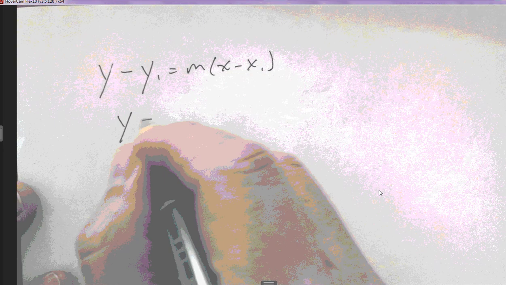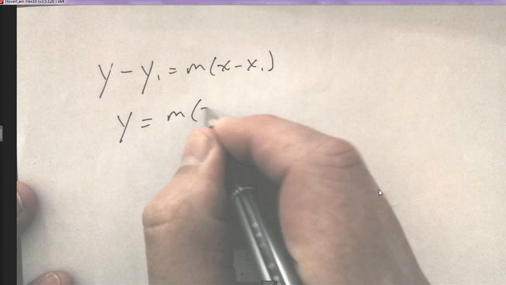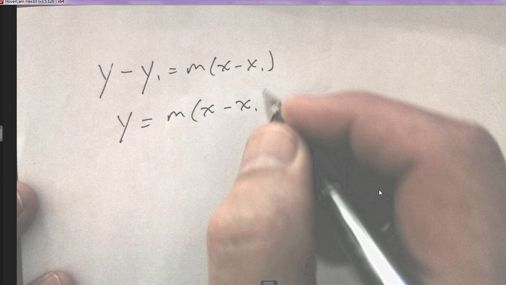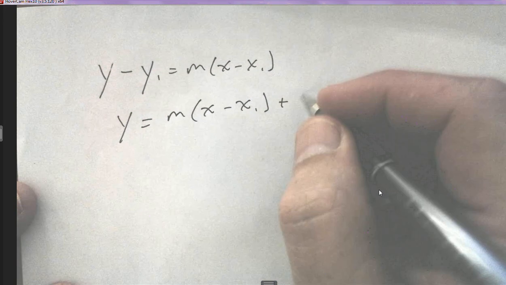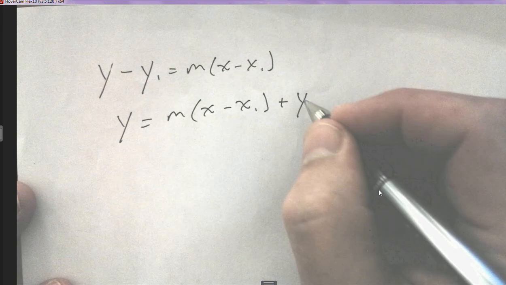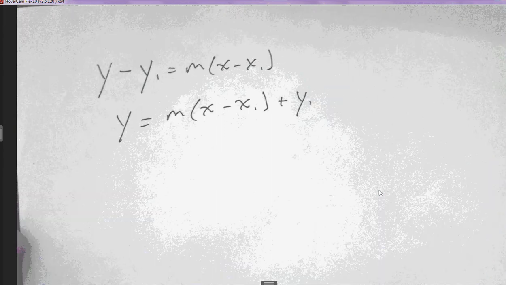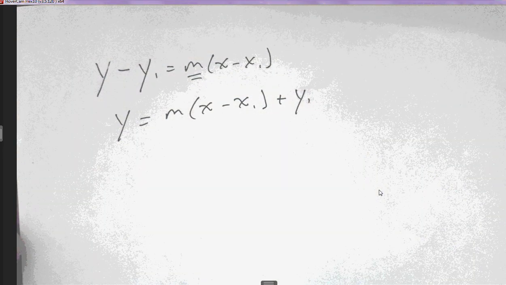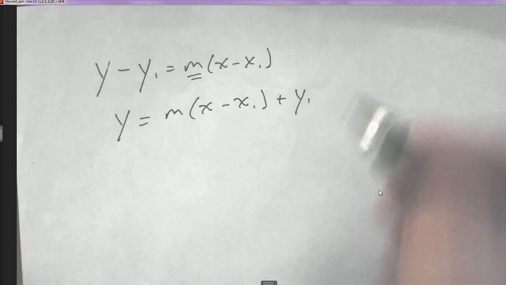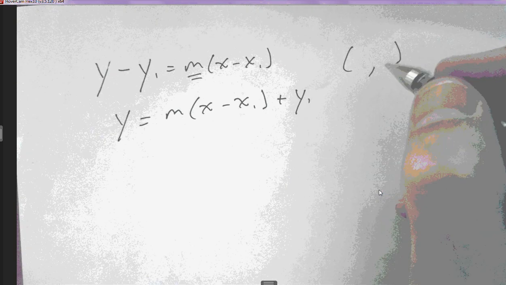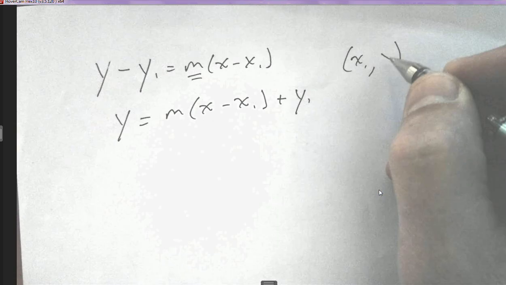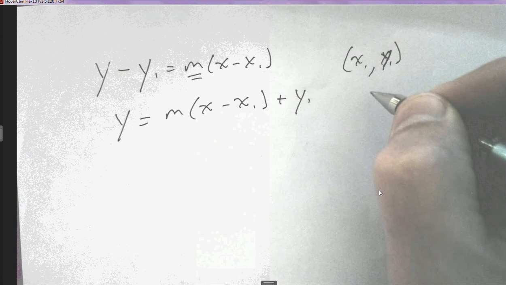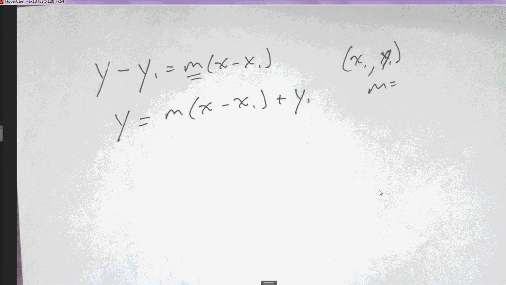So I'm going to change this to y equals slope times my x minus x1 plus y1. So if I can get a slope and I can find the y coordinate to go along with my x1, y1, and get a slope, then we can build an equation of a line.